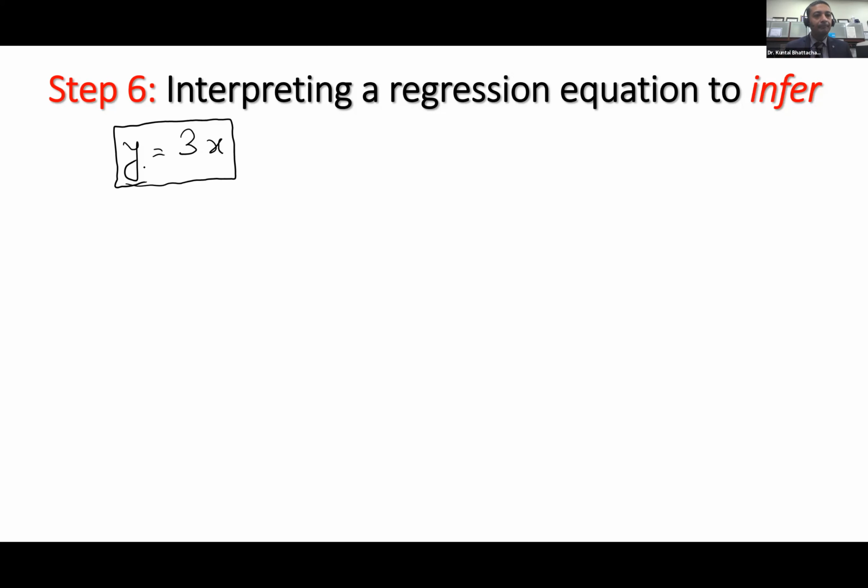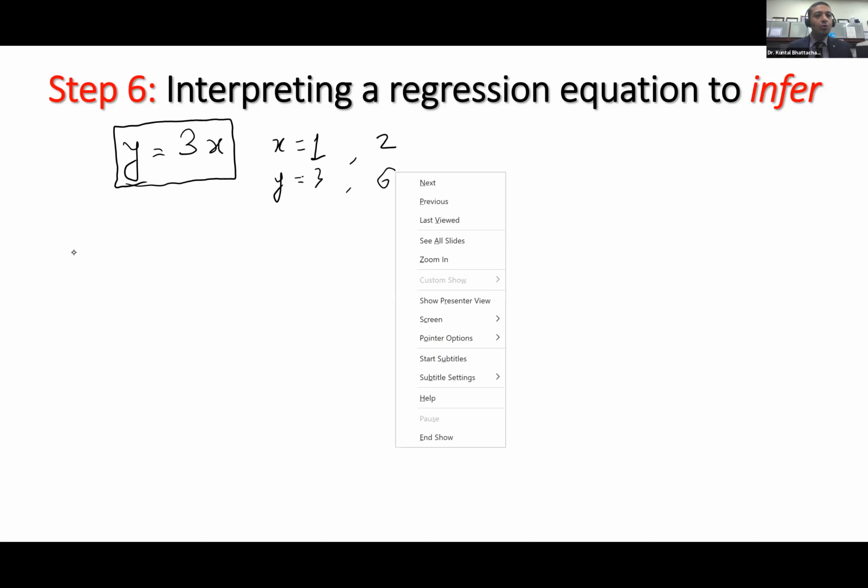If x increases by 3 or more, I don't know. Well, I don't know how to phrase it. So what happens to the equation if x takes a value of 1? What is y? 3. If x equals 2, y is 6. So how do I frame that in a sentence?